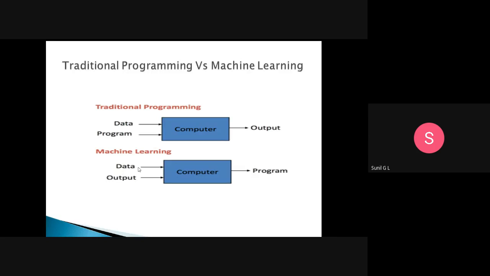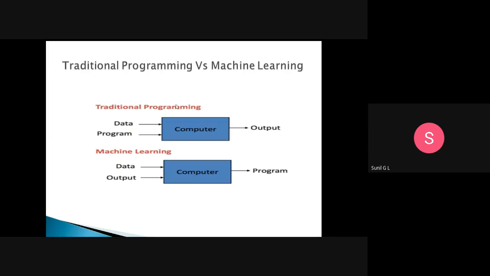Here the input is 10 and 20 and the output is 30, and both are data. From this data the computer learns and generates the program. This we call machine learning.